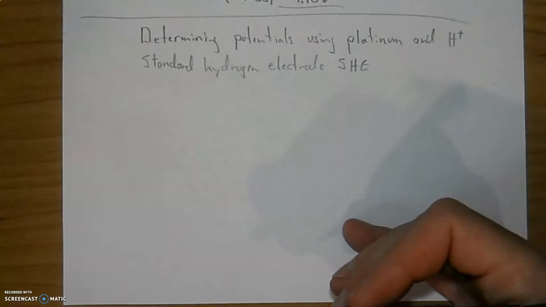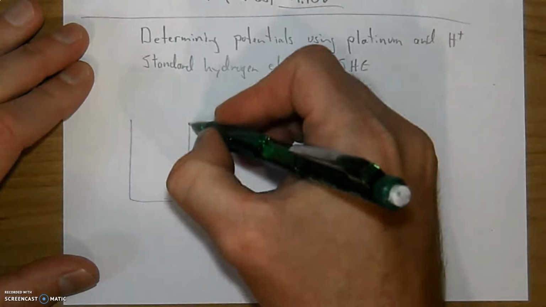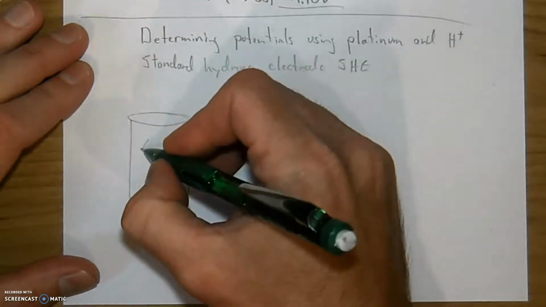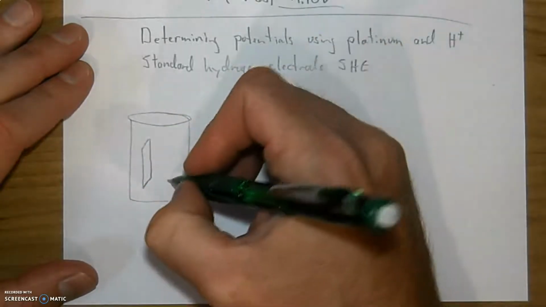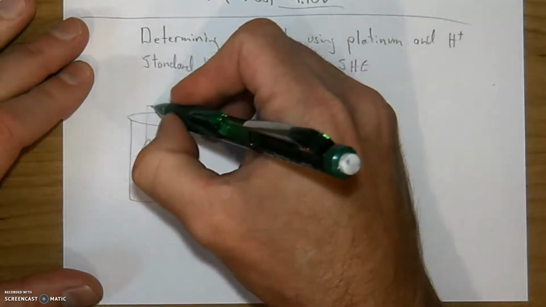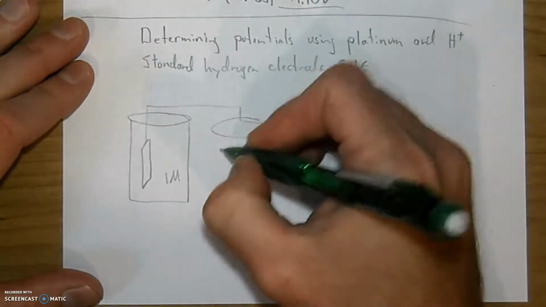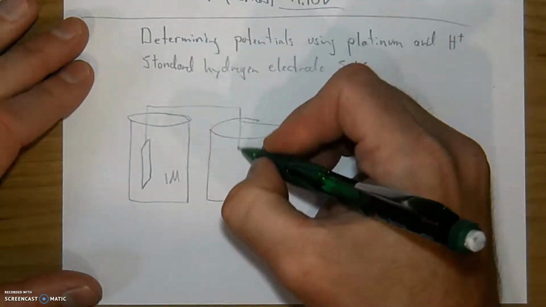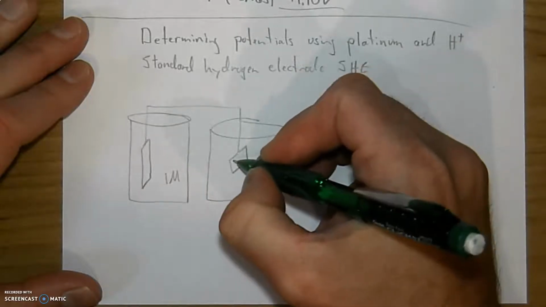All right, so same scenario we had before, in which you have a beaker, and within that beaker you have an electrode of whatever metal you're talking about, and you have a 1 molar solution of that metal. And it goes off into the other beaker. In the other beaker, the electrode goes to platinum.